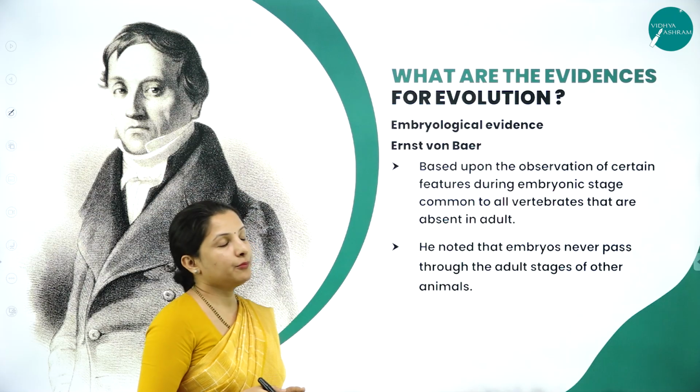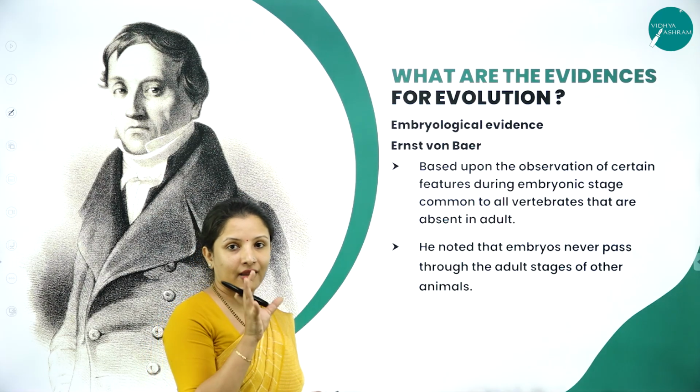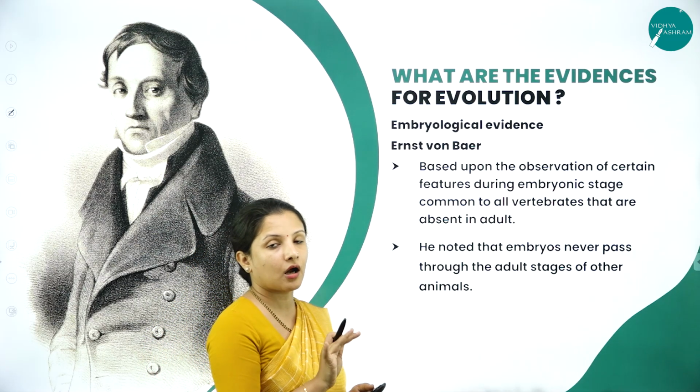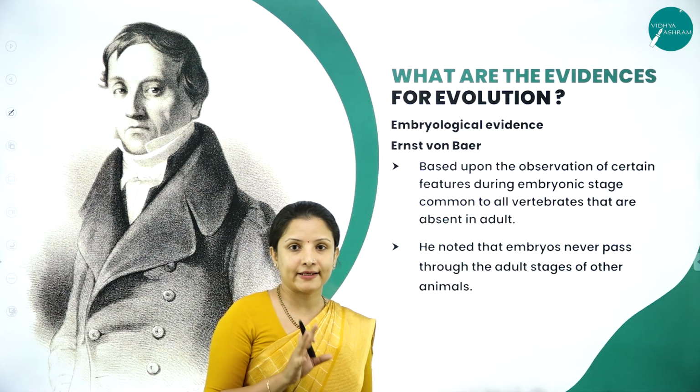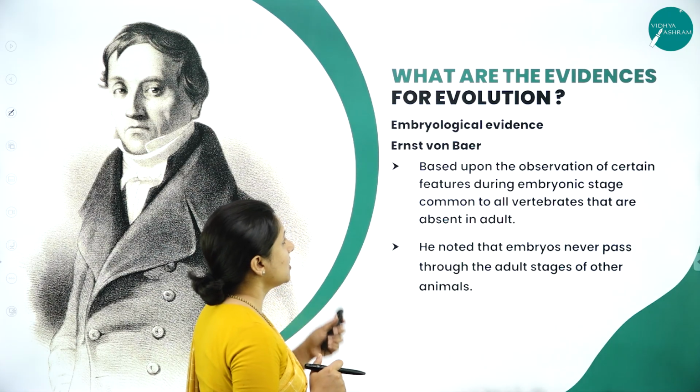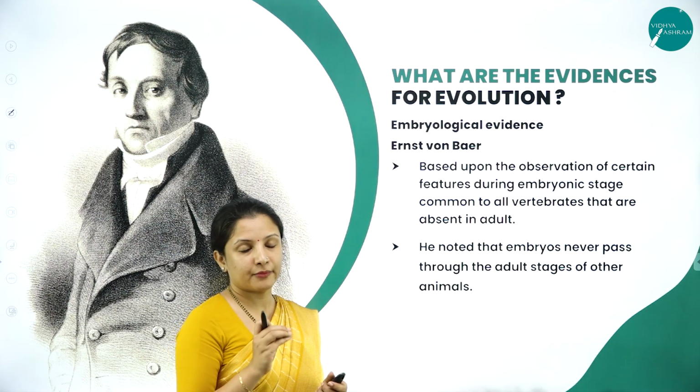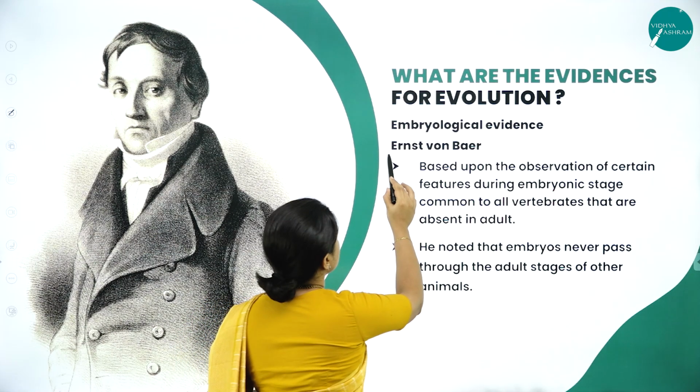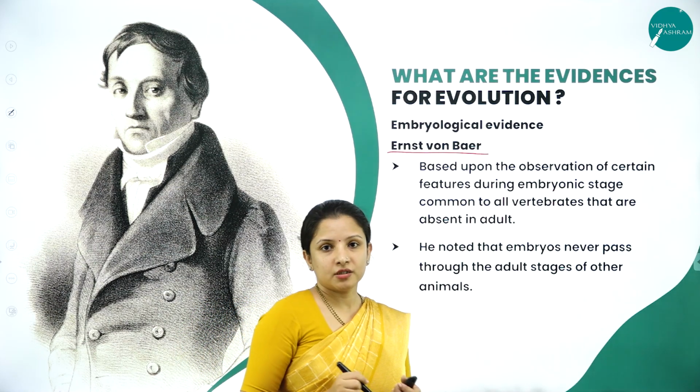Next, talking about embryological evidence, that is looking at the embryo, we can find out how organisms evolved on this planet. The credit for embryological evidence goes to Ernst von Baer.